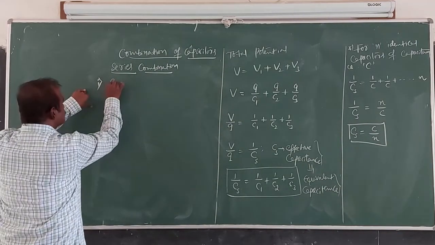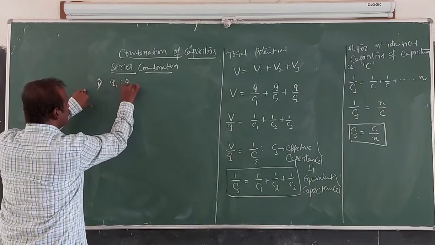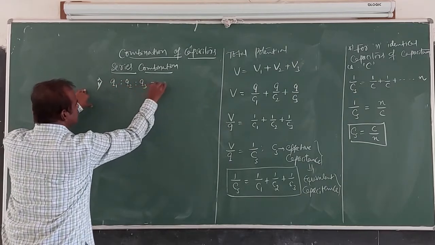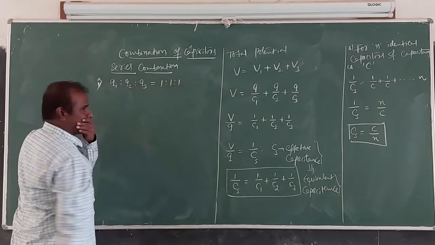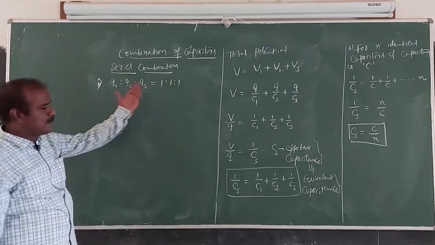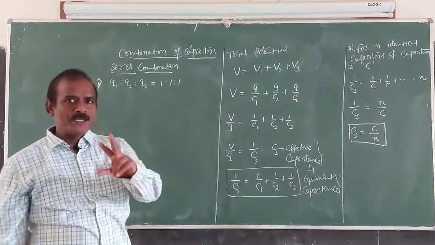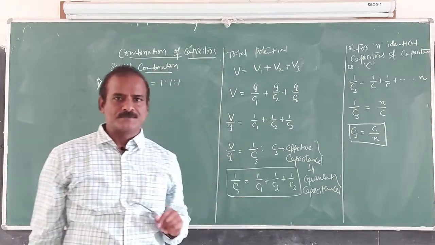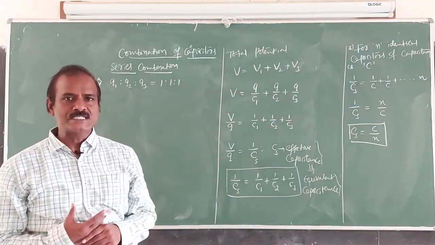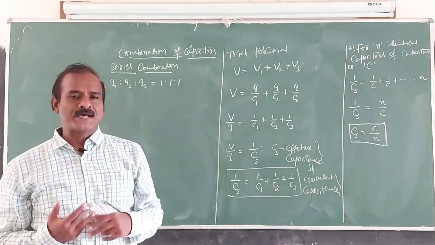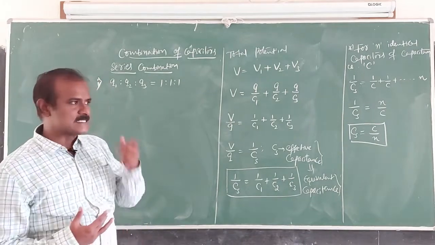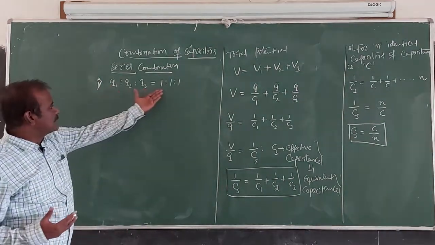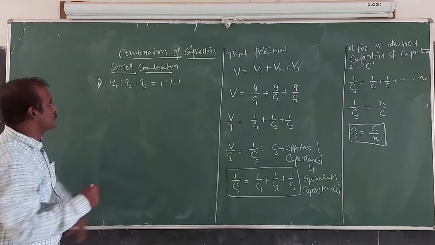Therefore, you can write a charge ratio Q1 is to Q2 is to Q3 is equal to 1 is to 1 is to 1. Minimum we need 2 capacitors for combination. If there is only one, no combination is necessary. 2 or more capacitors combined in series, then the charge ratio, for same charge, is 1 is to 1 is to 1.